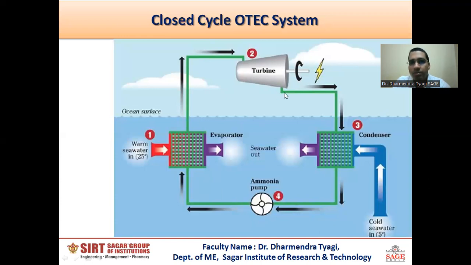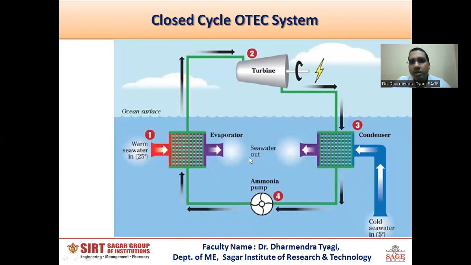The exhaust vapor coming out from the turbine is condensed by the condenser, where water taken from the depth of the sea, which is cold water, is used. The condensate coming from the condenser goes back to the evaporator, and the cycle continues.